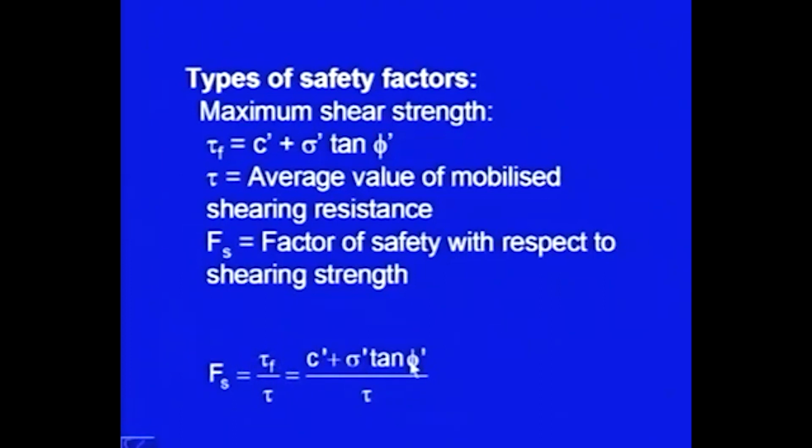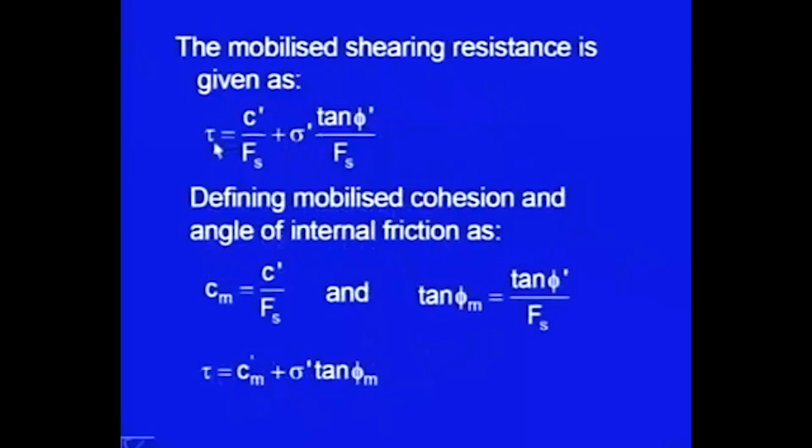So, if I put these values C dash plus sigma dash tan phi dash upon tau, this gives me a margin of safety. This gives the idea how safe this particular plane is. So, this is defined as the factor of safety with respect to shearing strength. As the acting shear stress is tau, it is not equal to tau f, it is less than tau f for a stable plane.